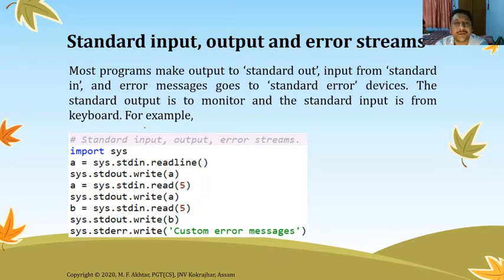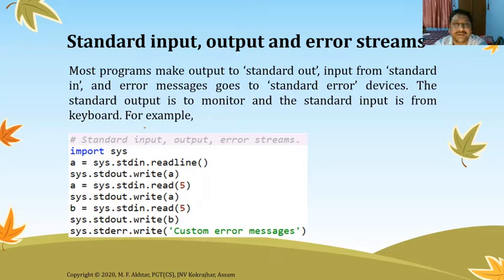In a computer we can add so many input and output devices, but there are some standard input output devices which work with the data file or the file handling programs. What is that?